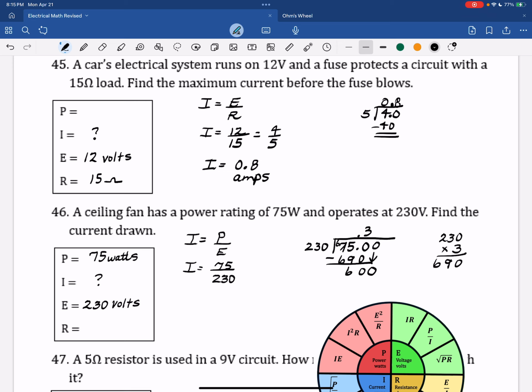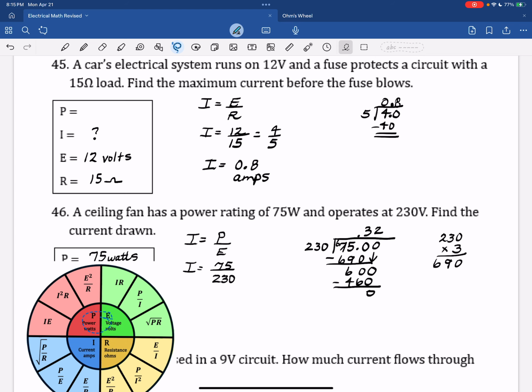Okay, so 230, that would be 2 times for 460. And we have 10 minus 6 is 4, and that's 140. So let's bring down another one. And 230, that's probably going to go about 6 times. 12, 13.